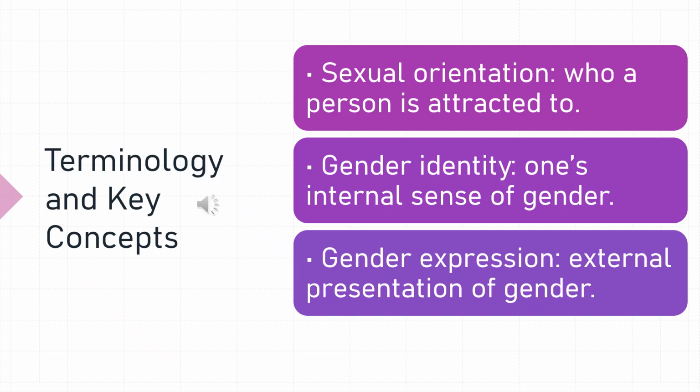For gender expression, this is an outward presentation of gender. So this is what an individual uses with their appearance, clothing, or different mannerisms to express what type of gender that they identify as. We then have our gender or our sex that's assigned at birth. This is a biological distinction of either male, female, or intersex.